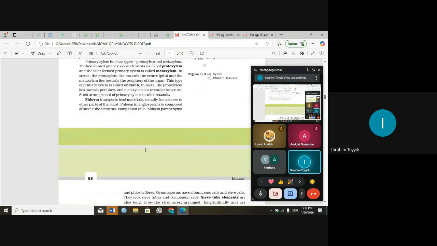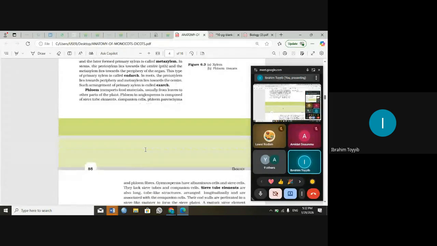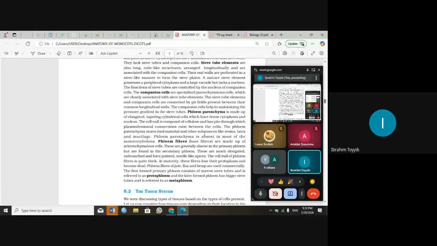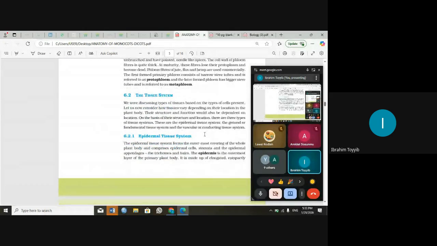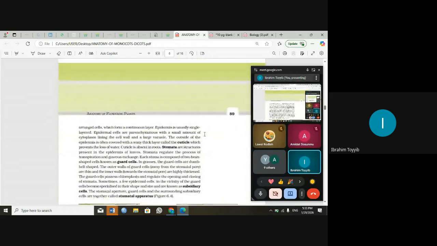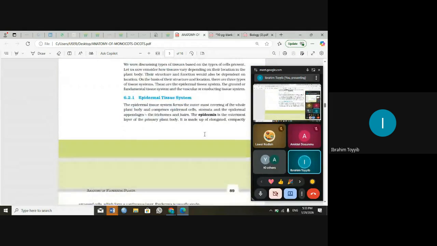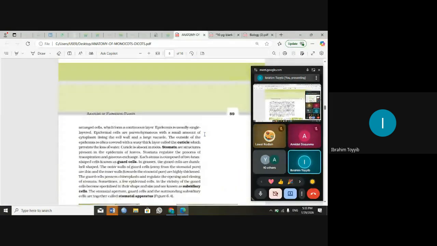Under phloem tissue, we have companion cells and sieve tubes. So those are the tissue systems.